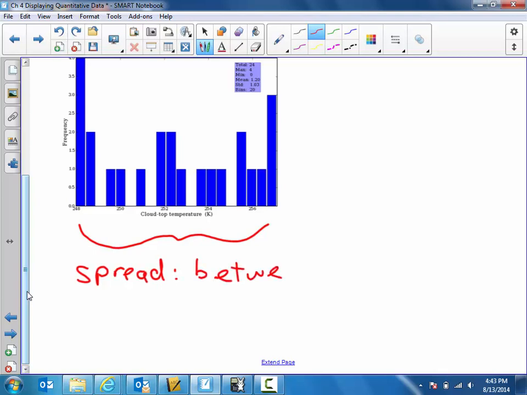So in this case, the spread is between 248 Kelvin and, it looks like it's right here, so that'd be 257, 257.5. So the spread between 248 Kelvin and 275.5 Kelvin. And so that's one way to report the spread.